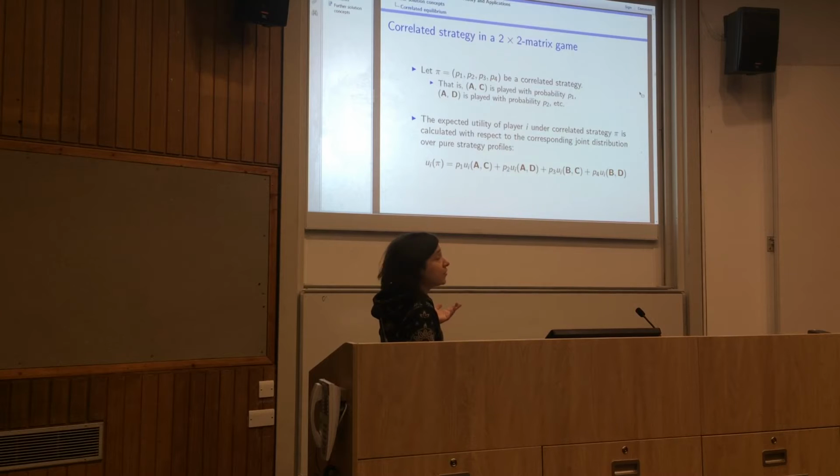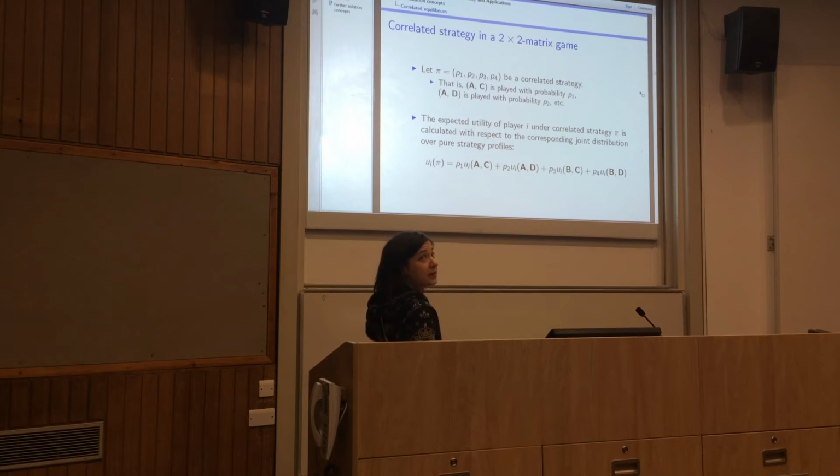And the correlated strategy would be just this probability distribution over all strategy profiles rather than individual strategies of the players. Okay. And now the combination of strategies A and C is played with probability P1 and so on.